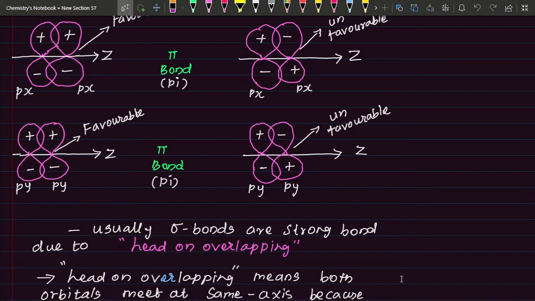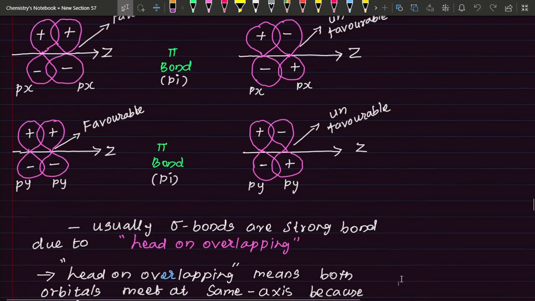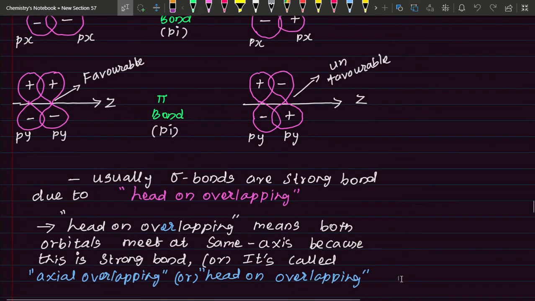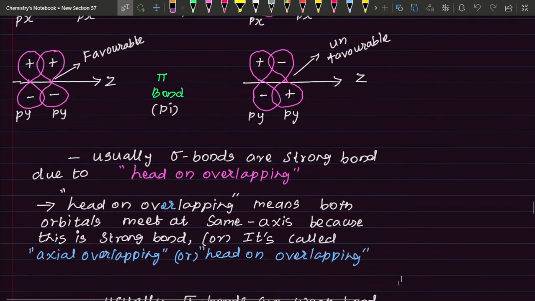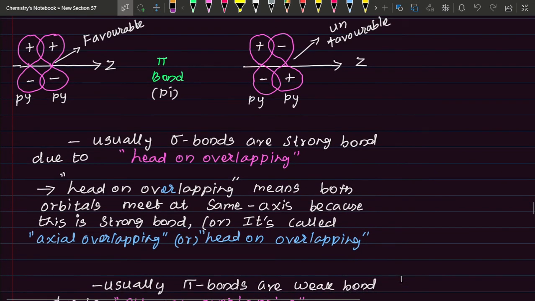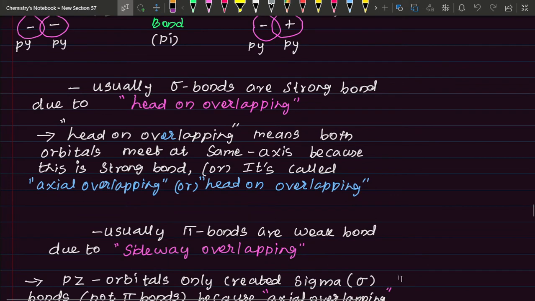Usually sigma bonds are strong bonds due to head-on overlapping. Head-on overlapping means both orbitals meet at the same axis, because this is a strong bond; it is called axial overlapping or head-on overlapping. Next, usually pi bonds are weak bonds due to sideway overlapping.